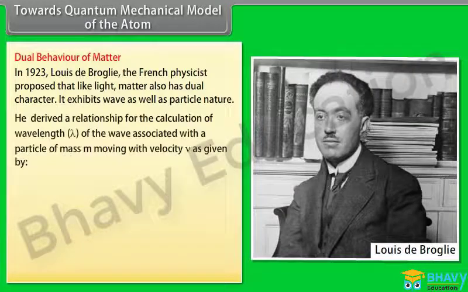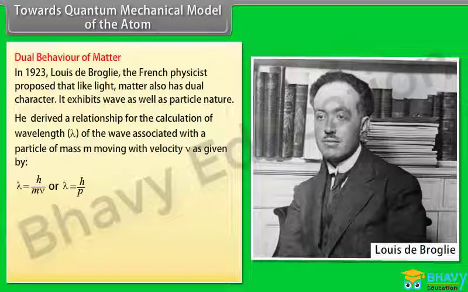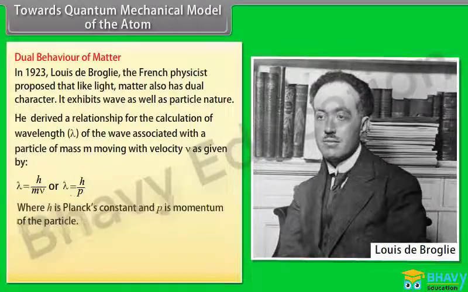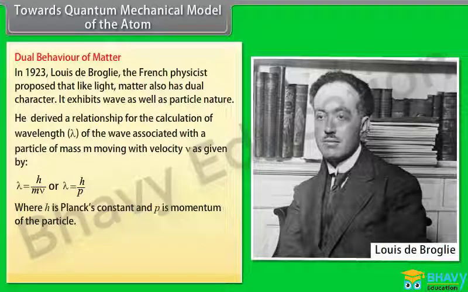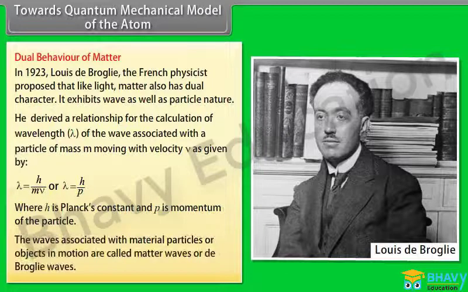He derived a relationship for the calculation of the wavelength lambda of the wave associated with a particle of mass m moving with velocity v, given by lambda equals h by mv, or lambda equals h by p, where h is Planck's constant and p is the momentum of the particle. The waves associated with material particles or objects in motion are called matter waves or de Broglie waves.